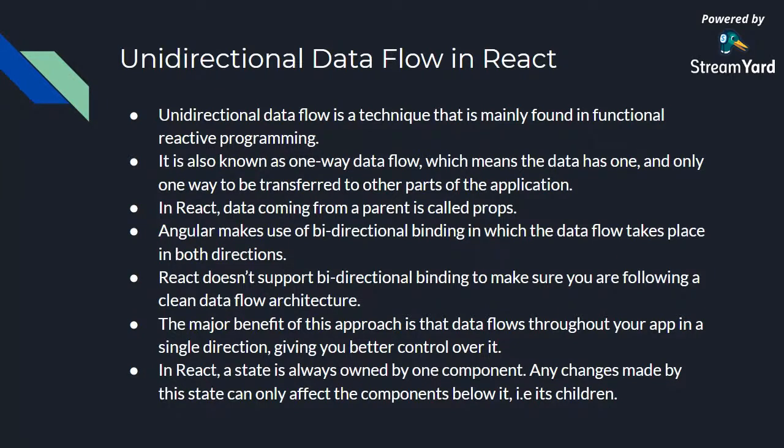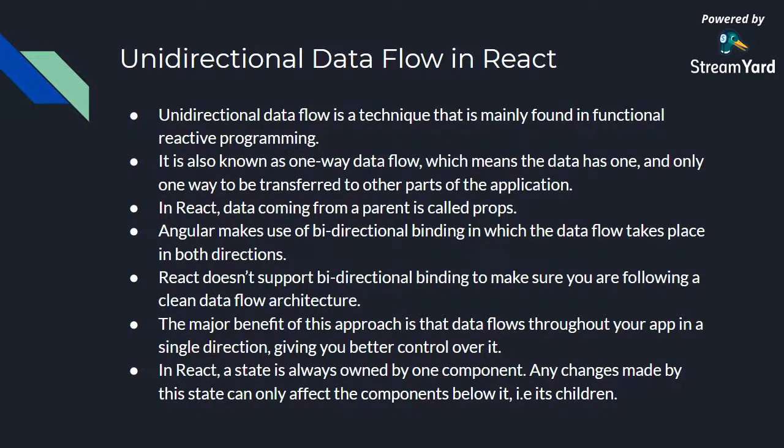Angular uses bidirectional binding, which allows the data to flow in both directions. But React doesn't support bidirectional binding. It just follows a one-way clean flow architecture. Because of this, we cannot access the parent state in a child component, or even change the parent state inside a child component.